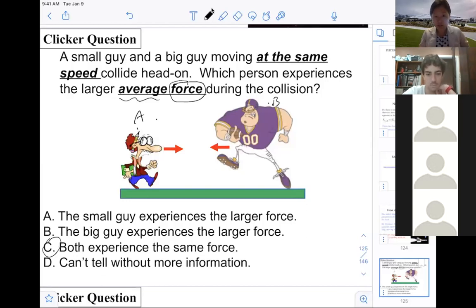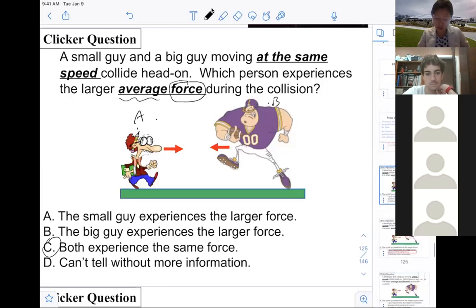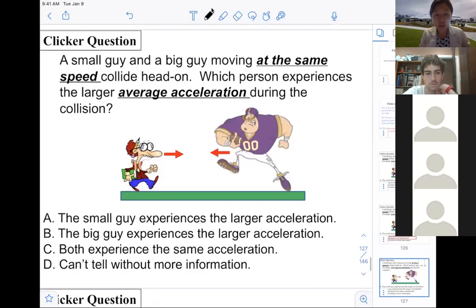As far as our intuition, if I ask you another question, instead of asking what is the average force during the collision, I'm asking which one experienced a bigger acceleration during the collision. Which one do you think that is? So I'll open up for voting again.